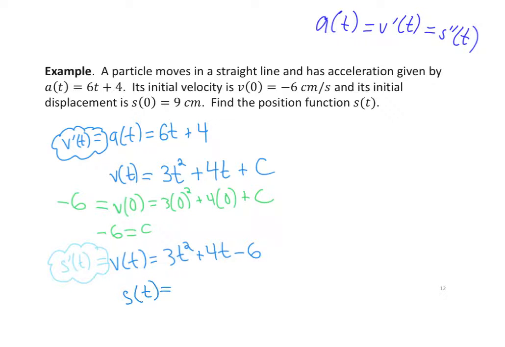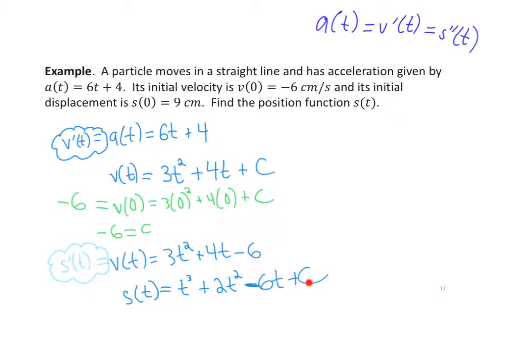So taking the antiderivative of 3t squared, I will end up with t cubed. Verify that for yourself. Antiderivative of 4t will be 2t squared. Again, verify that for yourself. And then antiderivative of minus 6 will be minus 6t. And again, I'm going to put a plus c.